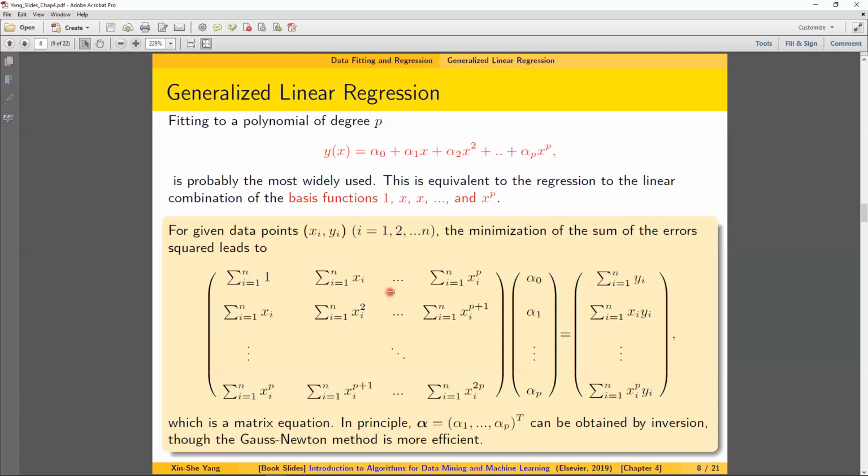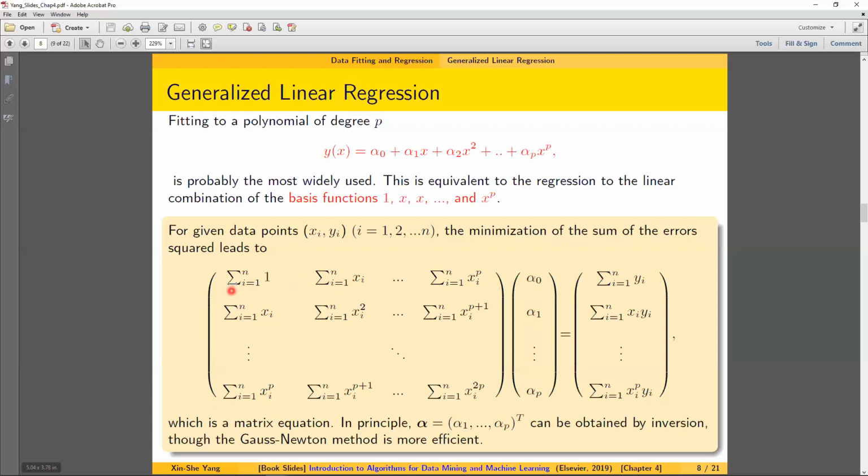The third one would be the sum of all the xi squared, the sum of xi cubed, all the way to the sum of xi to the power of p. That's the first row. And the transpose of this row would be identical to the column because it's symmetric.